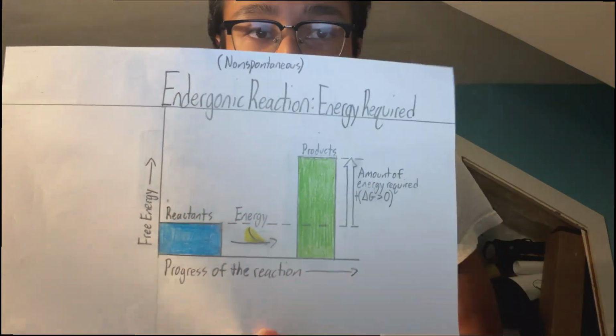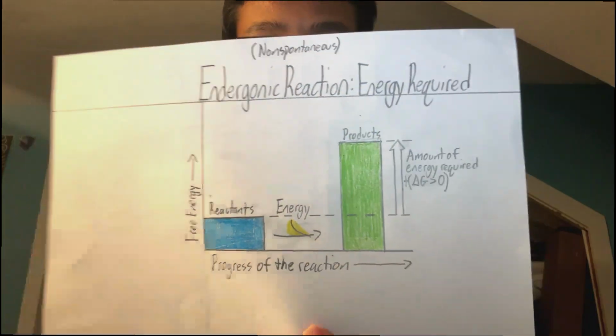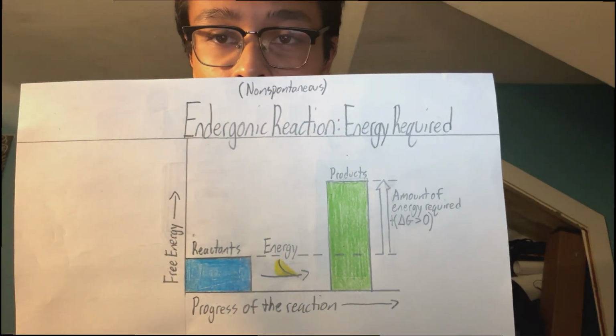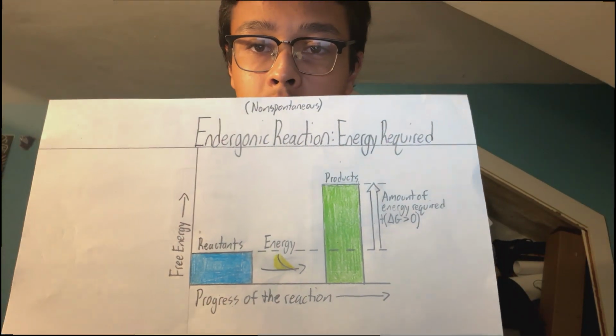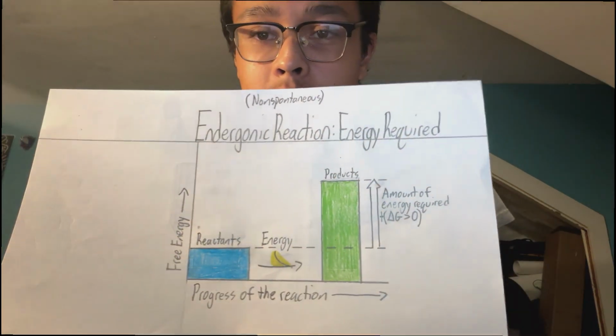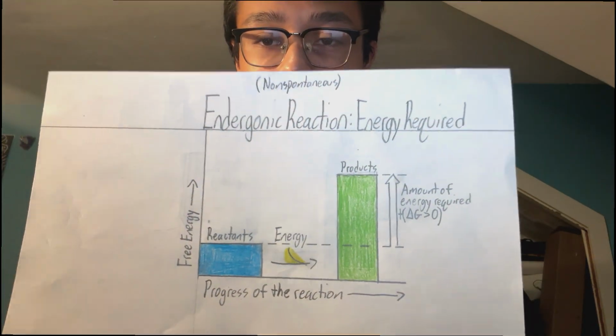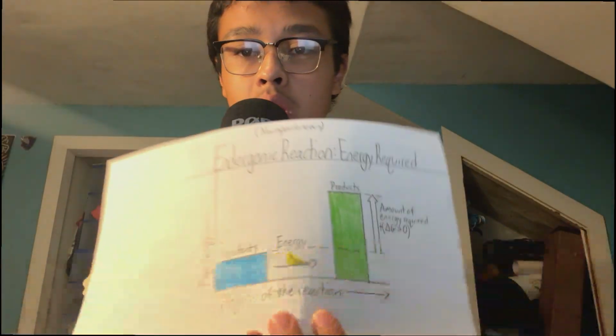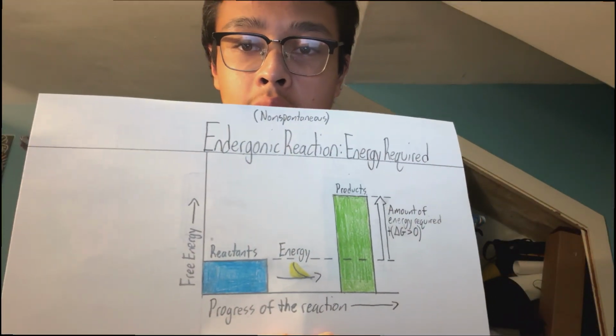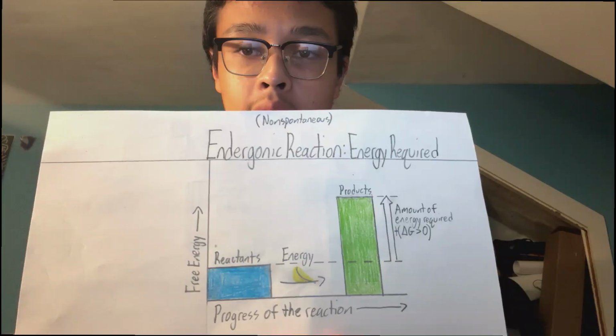And then I have a great sketch here that shows the endergonic reaction, energy required. As you can see, the reactants are less than the products, and energy is required to create the products.